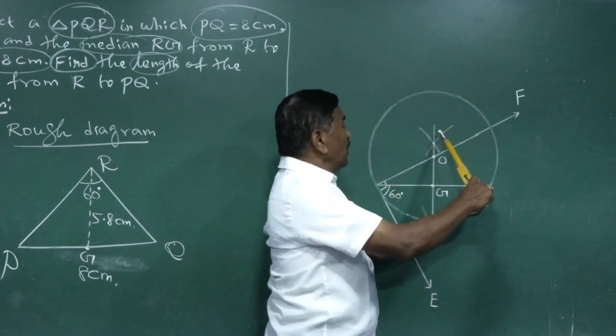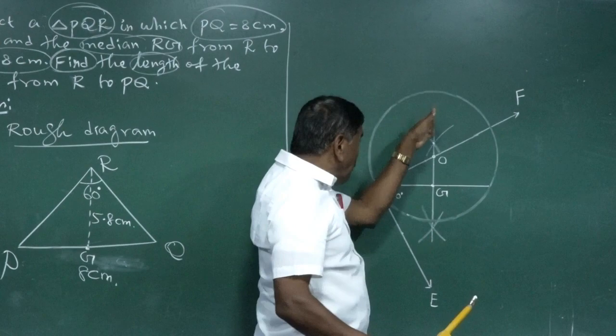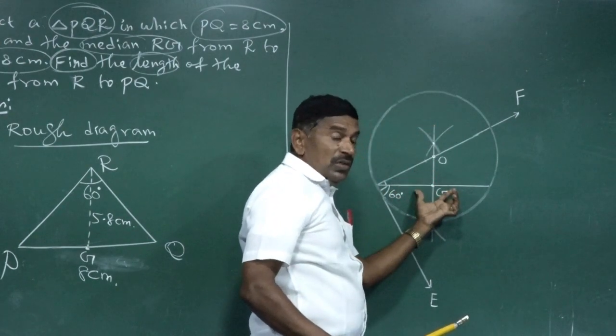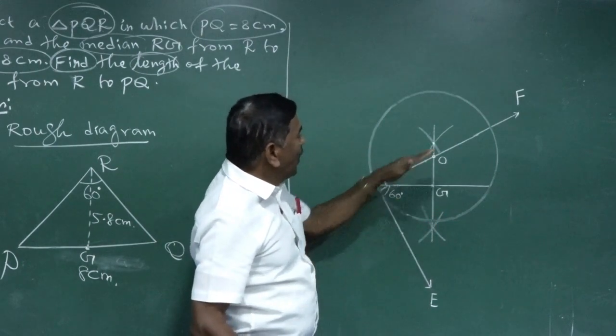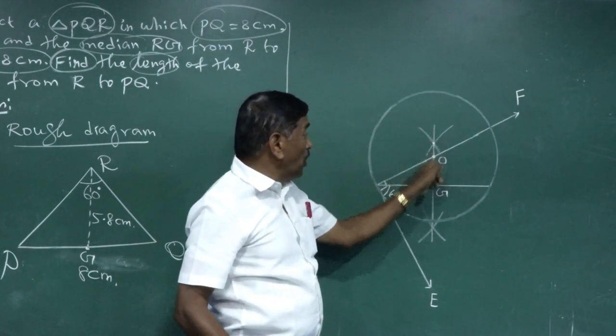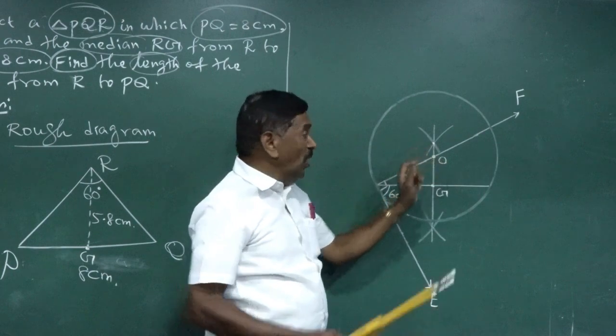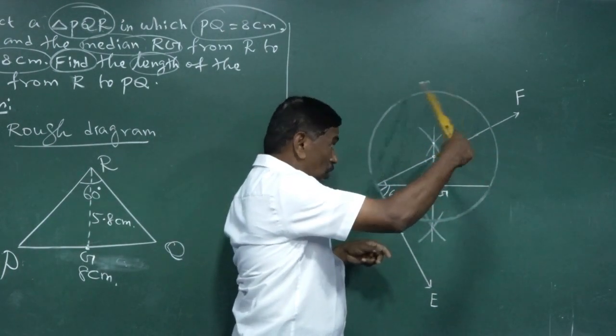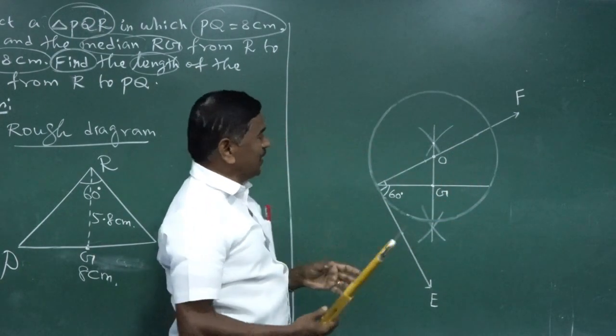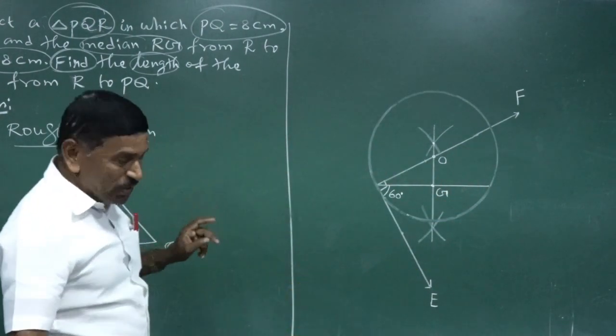Q as a center, cut the former arcs. Draw the perpendicular bisector of PQ which meets at G. Now the 90 degree line and the perpendicular bisector meet at O. Now O as a center, OP as a radius and OQ as a radius, draw a circle. Up to this, correct.